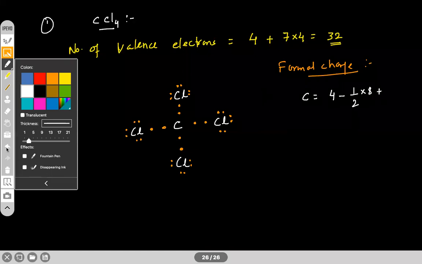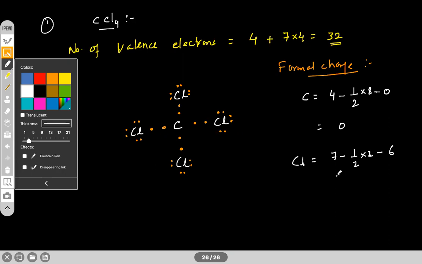Unshared means whether any lone pair is present or not. That is 0, so the formal charge on the carbon atom is 0. For chlorine, 7 is the valence electron, and for each chlorine the bonding is the same, so any one you can take. Shared electrons are 2, so half of 2, minus the 6 unshared electrons. This is also 0, right? Hence the formal charge on chlorine as well as carbon is 0.